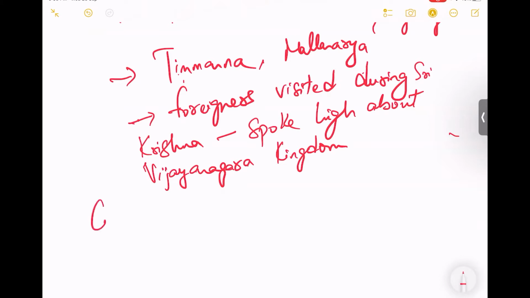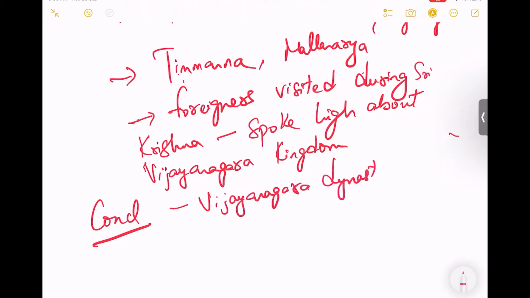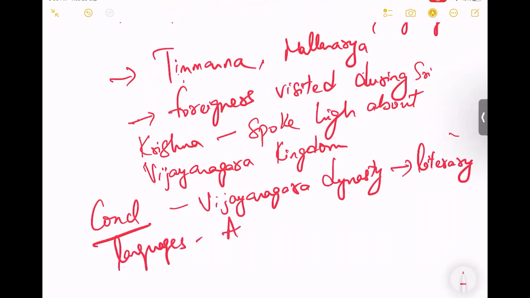Okay, and in conclusion, you will write that the Vijayanagara dynasty brought a lot of additions to the literary languages and also significantly contributed to art and architecture, which can be seen at its capital Hampi.